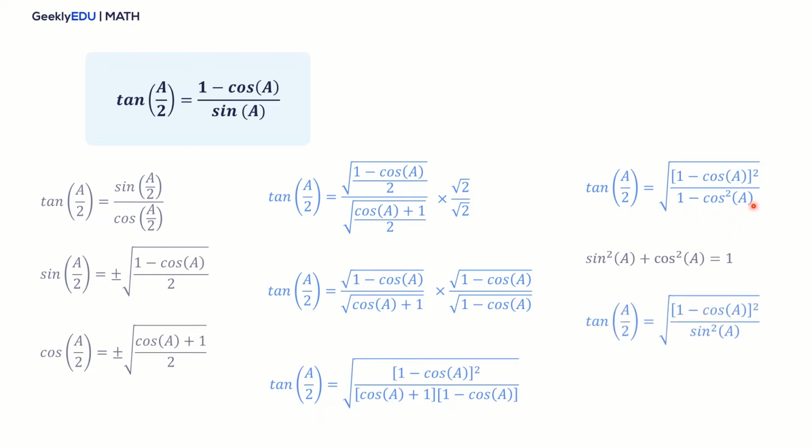So this bottom part here is actually sine squared of a. Now we have something that's squared on the top and something that's squared on the bottom, and we have a square root here. So you can just simply take the square root and we achieve our identity, right? The tangent of half an angle is 1 minus cosine of a over the sine of a.